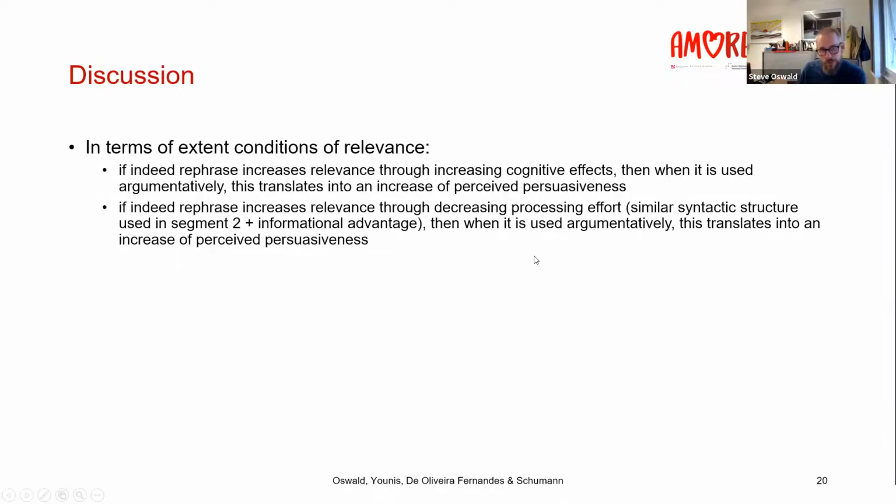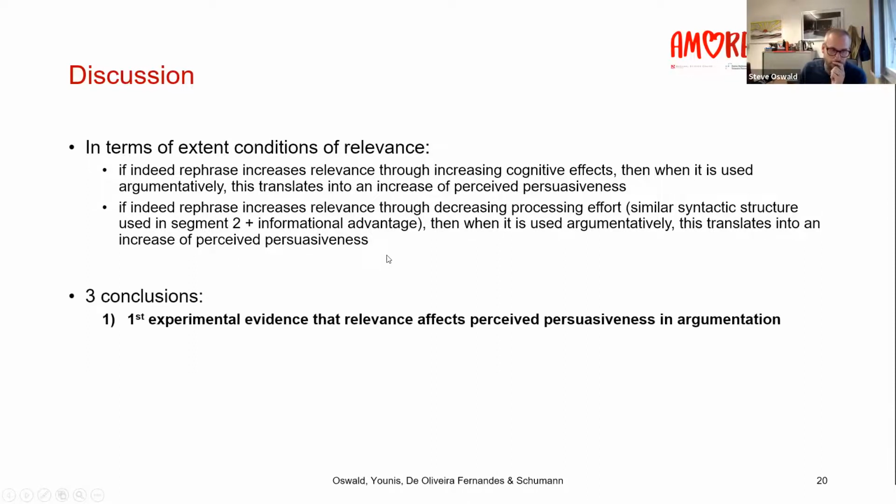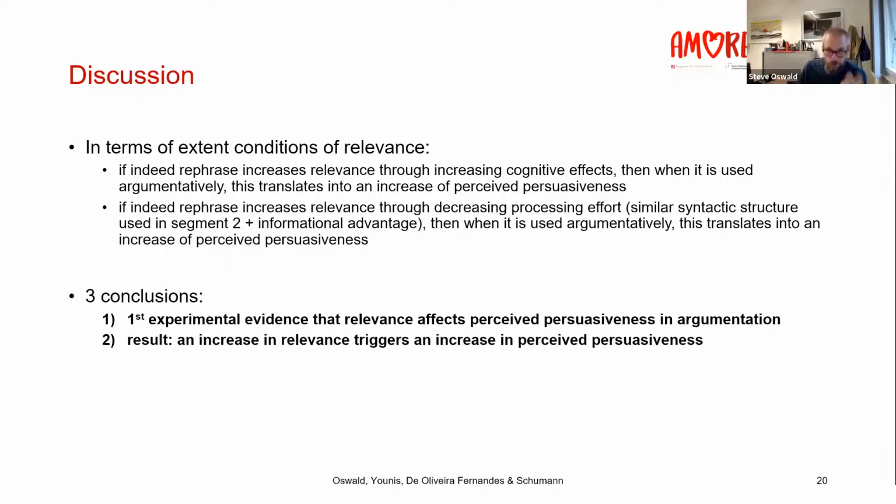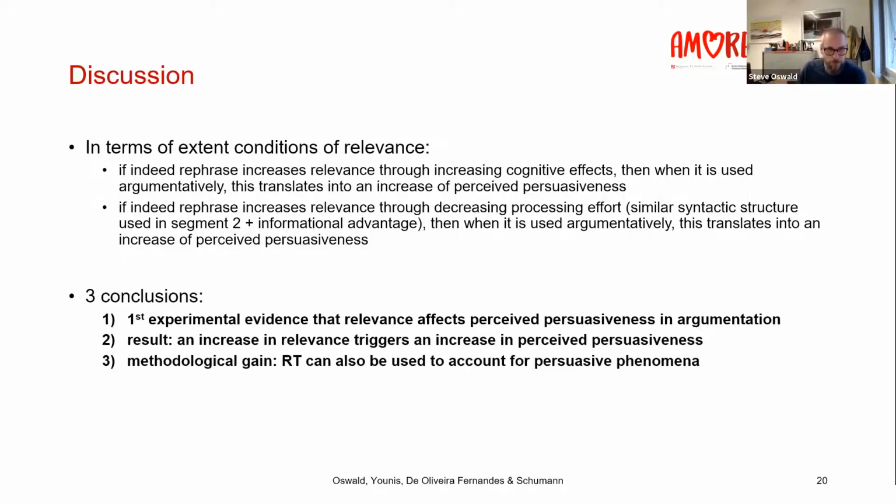And if it increases relevance through decreasing processing effort, and here we try to enforce that by using the same syntactic structure to facilitate processing, then when it's used argumentatively, we saw that it translates into an increase of perceived persuasiveness. So that's actually the first study in argumentation that shows that relevance does affect perceived persuasiveness. The result is that the more relevant an utterance, the more persuasive it is perceived.